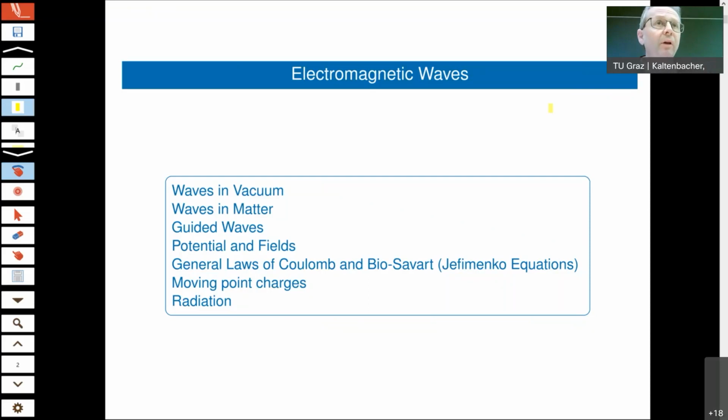Okay, and we are mainly interested in wave propagation in air, let's say. Yeah? And that will be both if we have guided waves in a structure where they will be guided by a cylinder or any other structure.